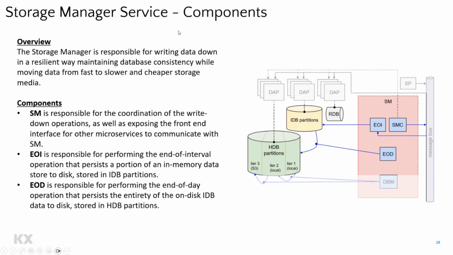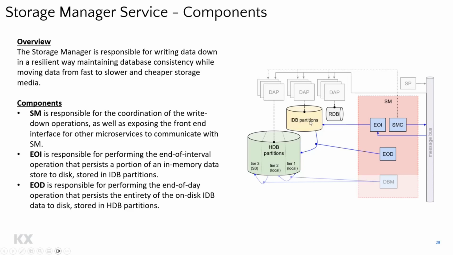Essentially what happens here is the storage manager is receiving a stream of data from the stream processor, like what we mentioned. And on a timer basis, controlled through the UI, it's then doing a write down into that intraday database location, which is just another storage location on disk.